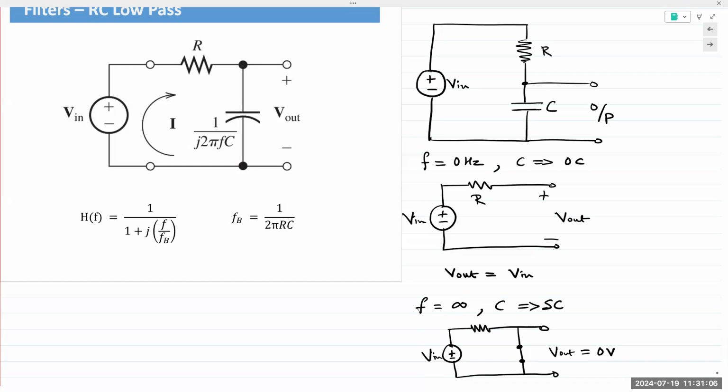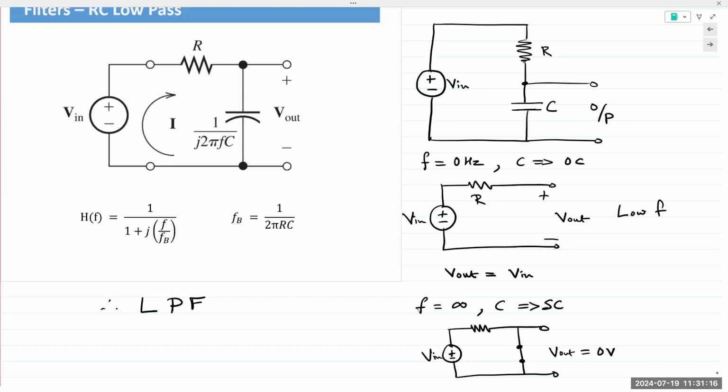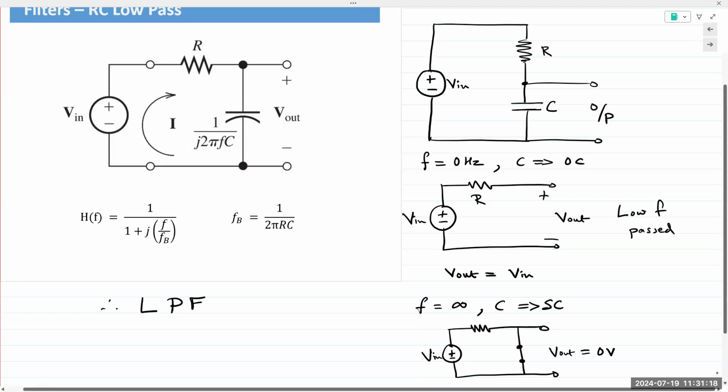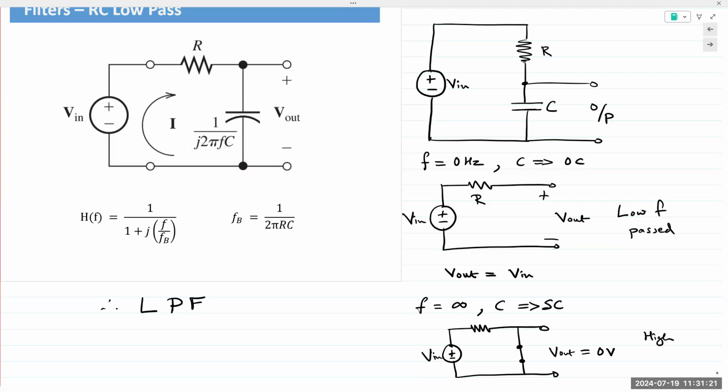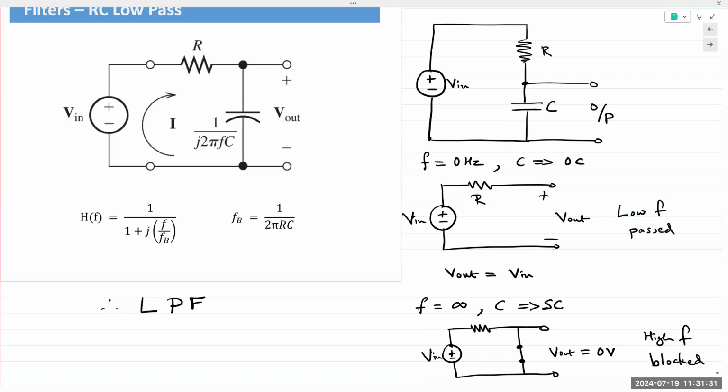And so this functions as a low pass filter. High frequencies are blocked. Low frequencies are passed through. Blocked meaning output goes to zero, 0 volts or close to 0 volts. So this circuit functions as a low pass filter. All right, let's take a 10-second pause.